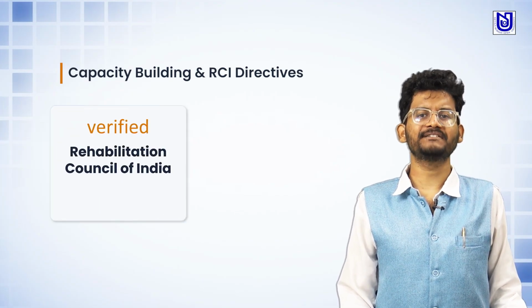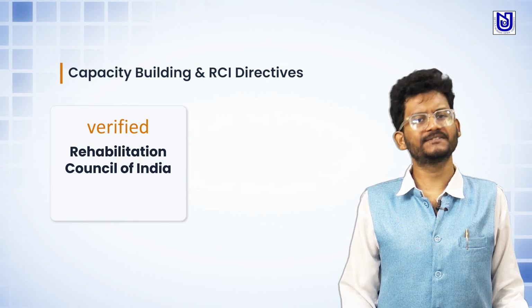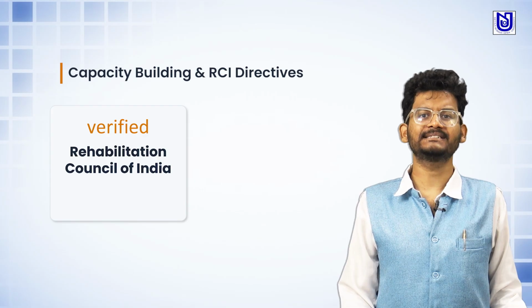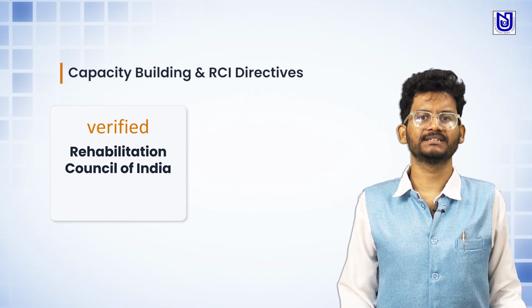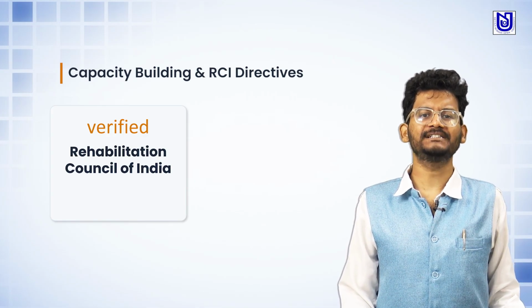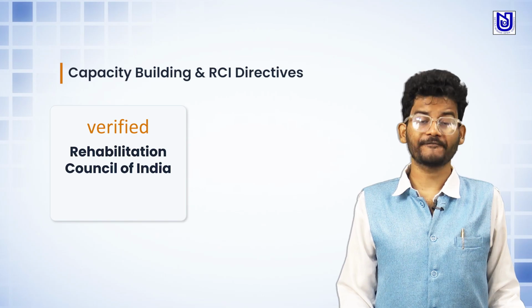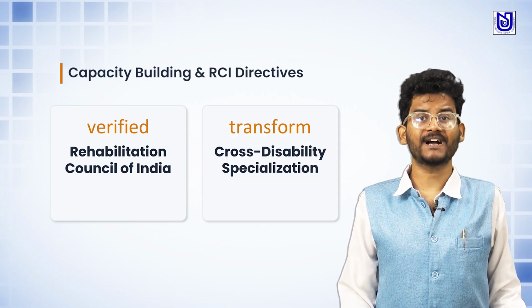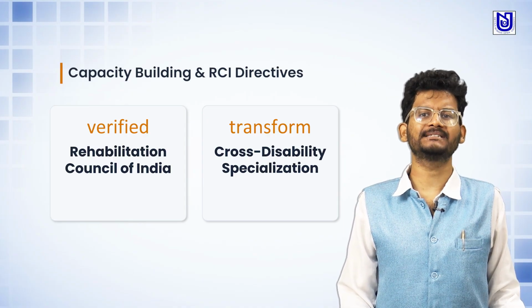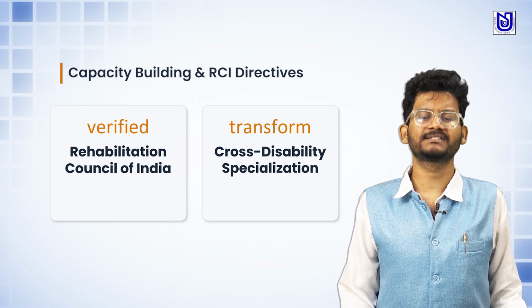The directives of the Rehabilitation Council of India are very important to understand because it governs the quality and licensing of special education teachers. In accordance with the RCI Act of 1992, all working special teachers must be registered and of course they must be well trained. This further promotes cross-disability specialization, shifting teachers' training from single disability focus to multi-disability competences to tackle contemporary diverse classroom learners' demands.